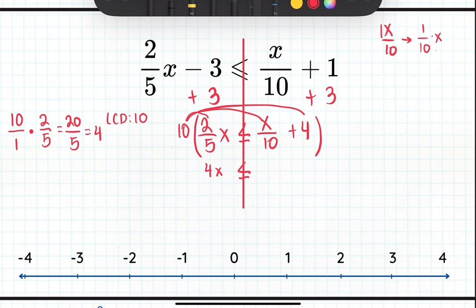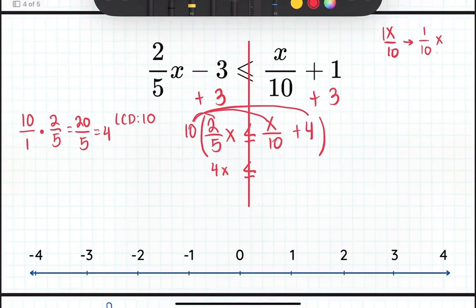X is still being multiplied, but I just wrote it as simply the fraction. So I'm going to do 10 over 1 times 1 over 10. 10 times 1 is just 10. 1 times 10 is just 10. 10 divided by 10 is equal to 1. So I am left with 1x plus 10 times 4 is 40.